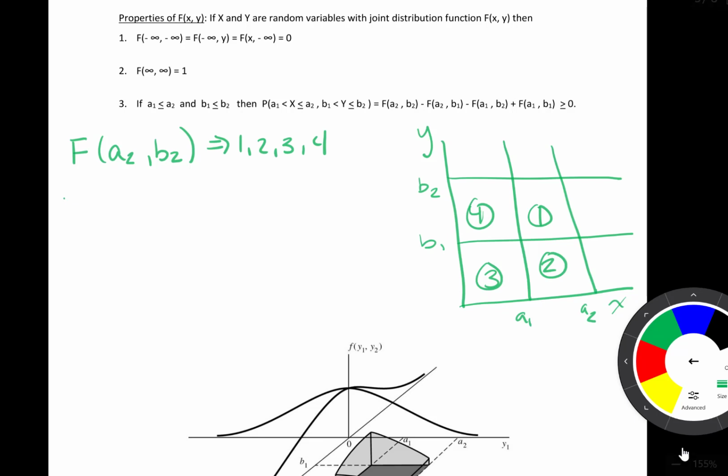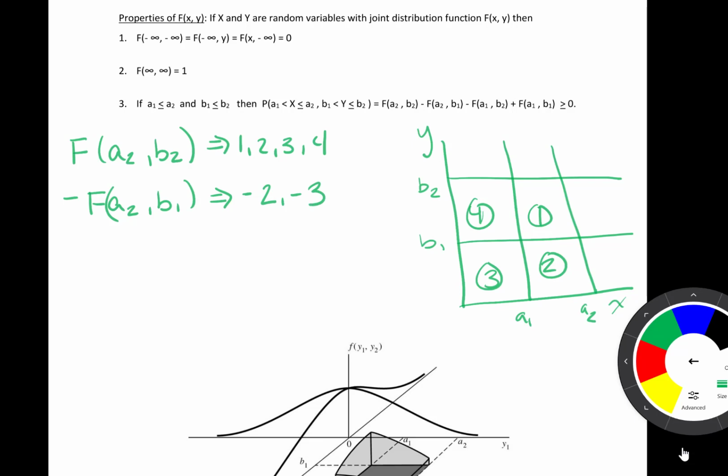Now, let's subtract off F of a2, b1. And this is going to be the case where x is less than a2 and y is less than b1. So what we're doing here is we're subtracting off regions 2 and region 3.